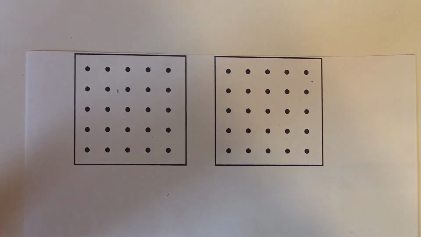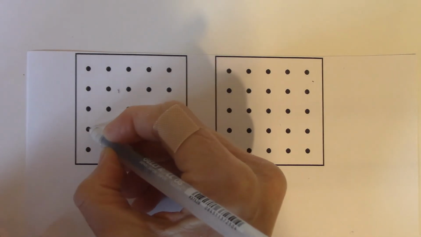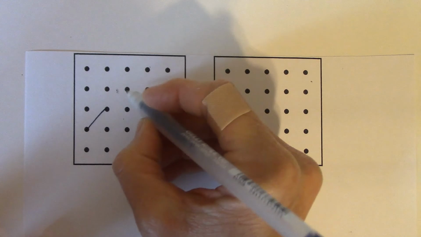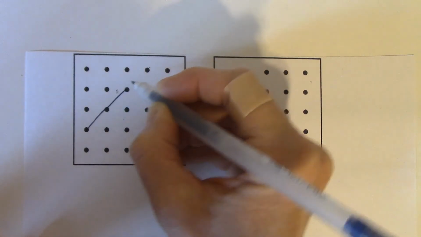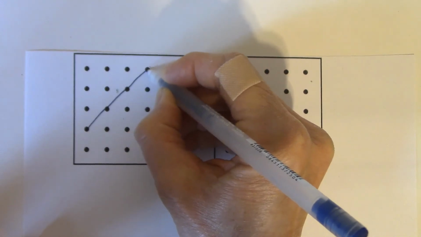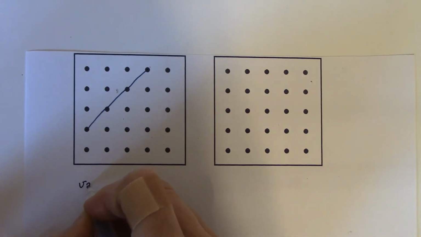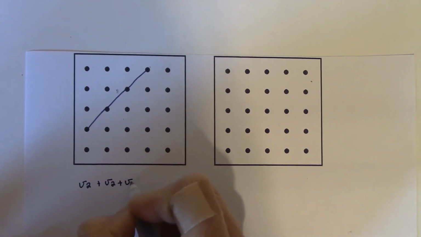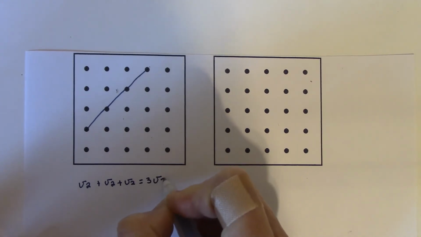So one more thing I want to look at is that we said we can have the diagonal of the square, the length is the square root of 2. And I can draw another square root of 2. I can draw another square root of 2. So this gives me the square root of 2 plus the square root of 2 plus the square root of 2 gives me 3 square roots of 2.